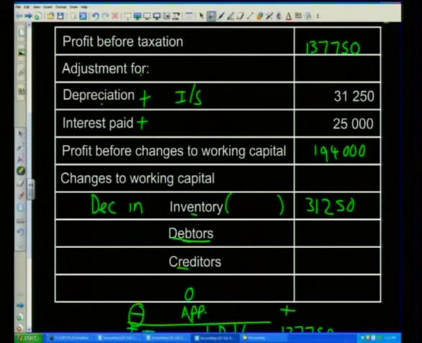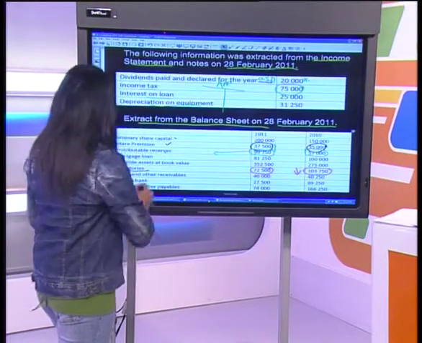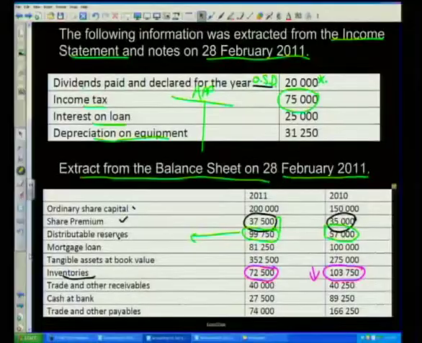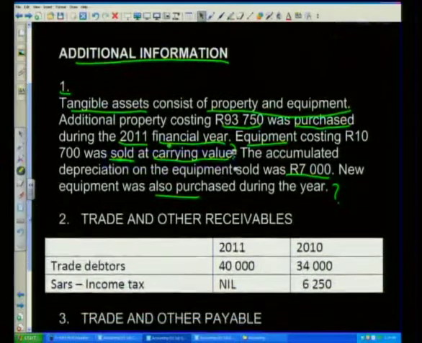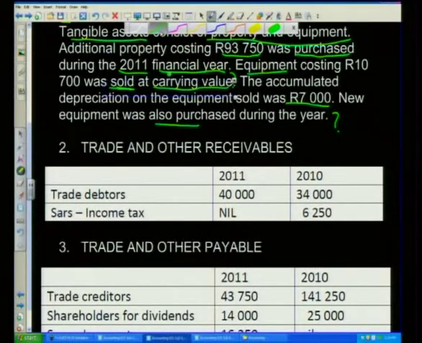And again, back to my extract for my balance sheet. So let's find the question. Okay, so in my extract for the balance sheet, there's nothing on debtors. Aha, there's my trade and other receivables, but I did have additional info, so let's find that bit of info. There we go. Let's get those pens out again.